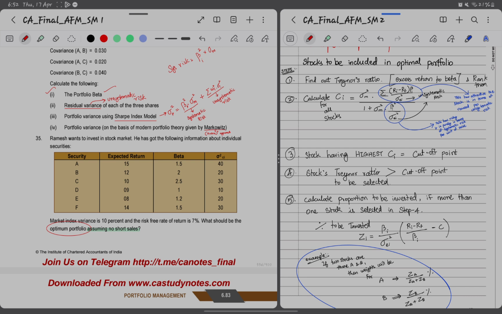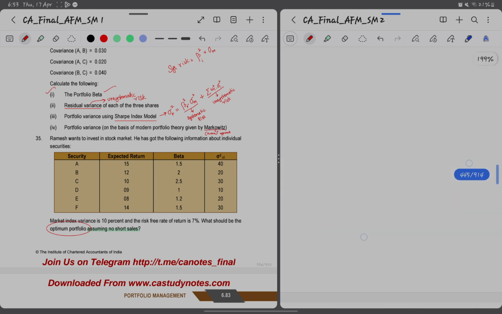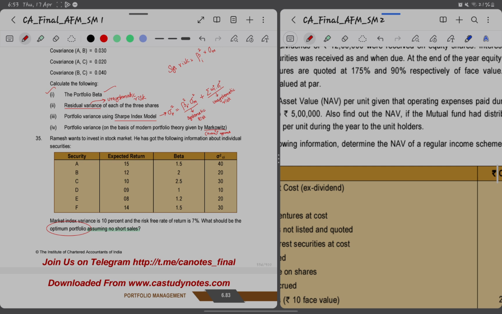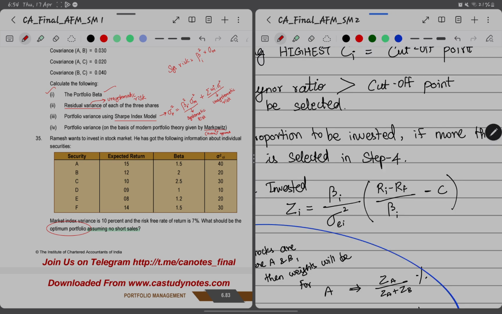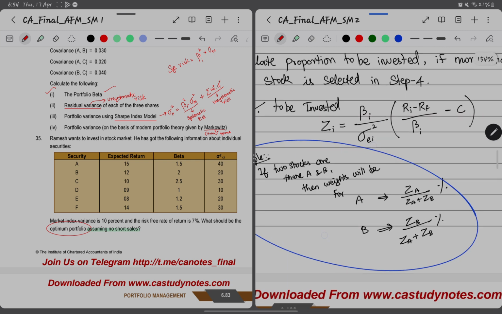If more than one stock is there, then we have to calculate some proportion. That proportion also is not found directly by some weighted average; for that also we have a specific formula. Using this formula we'll find the proportion to be invested, and once it is found, we will use the weighted average with this proportion. For a better example, let's say two stocks A and B are there.